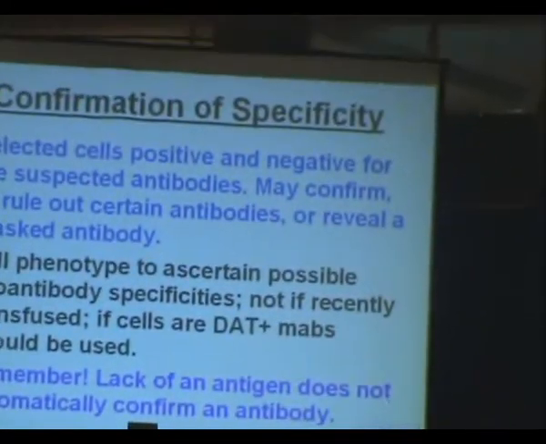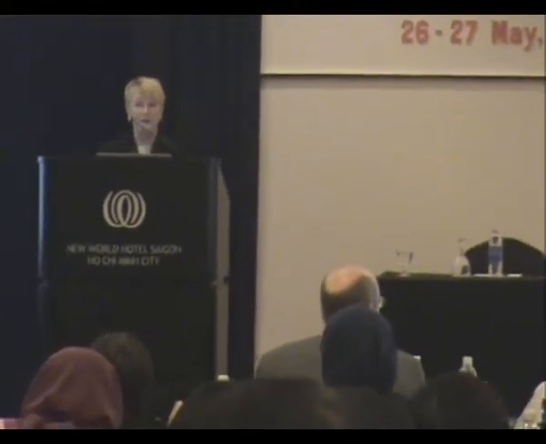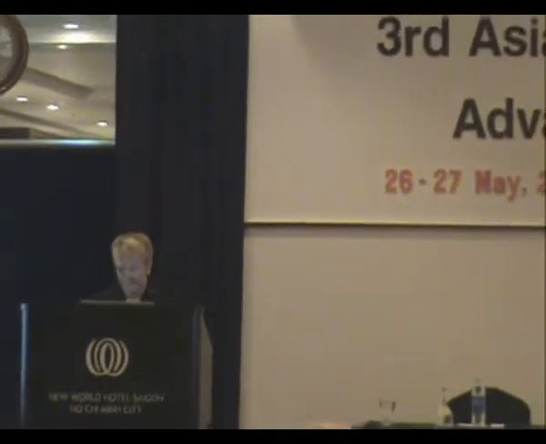Similarly, if the cells are DAT positive, if it's a hemolytic anemia patient, for example, then monoclonal antibodies can be helpful, but sometimes the only way to determine the phenotype is by molecular methods, and we will be hearing about that from Dr. Daniels a little bit later on. What we need to remember is that lack of an antigen doesn't automatically confirm that specificity. It's only another clue and another piece of information that we have to work with.